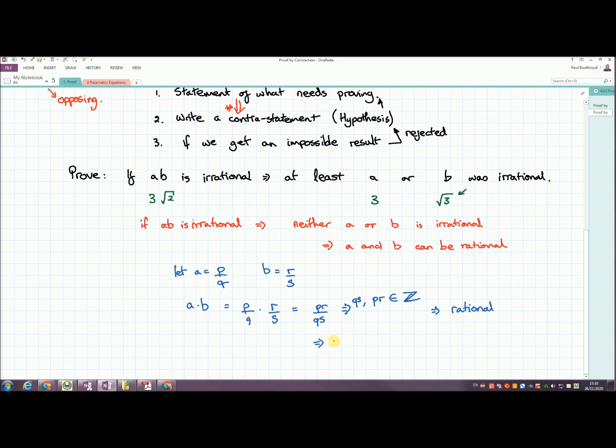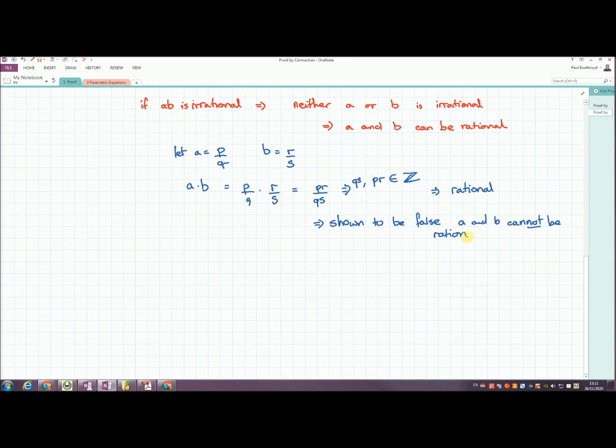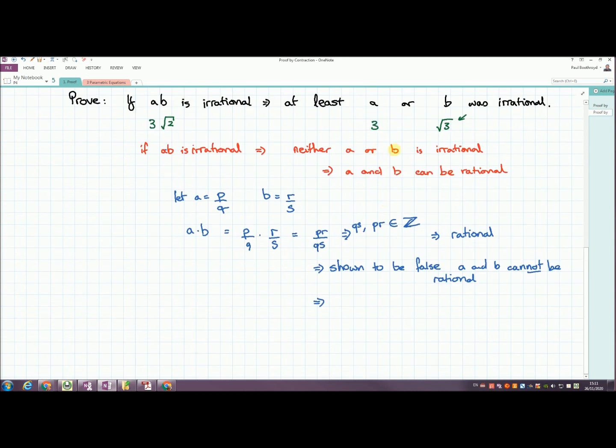So this is actually shown to be false, saying basically A and B cannot be rational. And because of the way we've put this situation together, it leads to the statement reversing this first part.